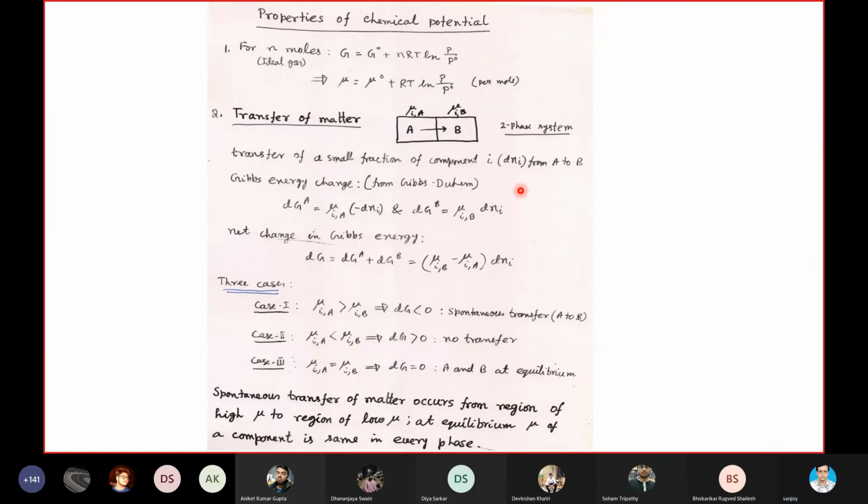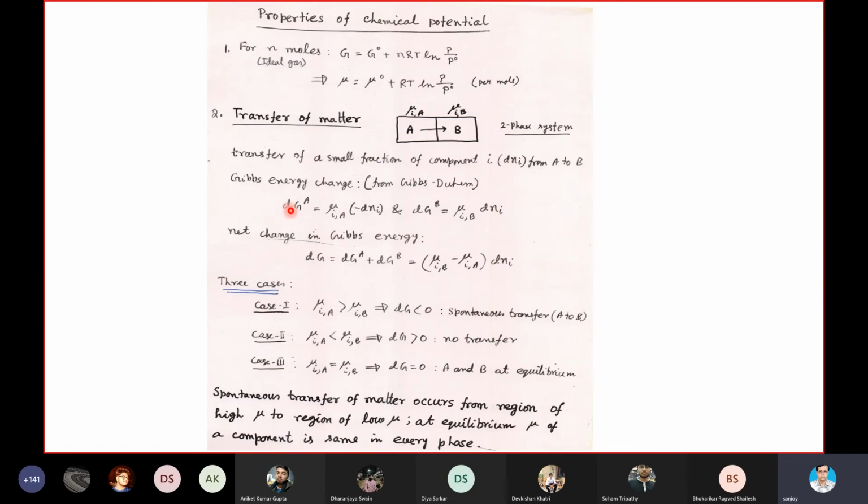Now we'll apply the Gibbs-Duhem relations. What will be the change in Gibbs energy? Since there is a transfer of matter, obviously the Gibbs energy will change. It's an extensive property, so it will change in both phases. Phase A has lost matter, and the matter went to B, so its Gibbs energy decreases.